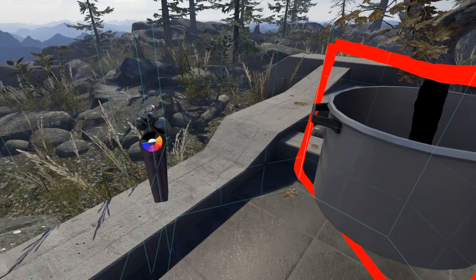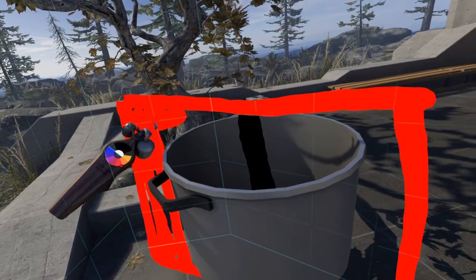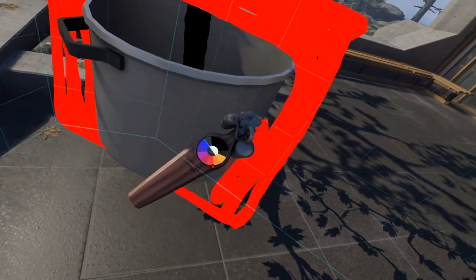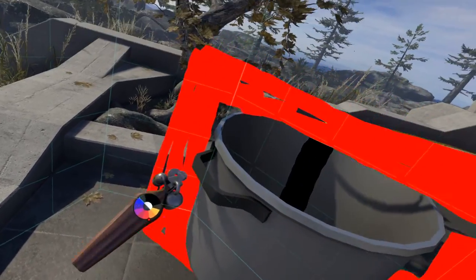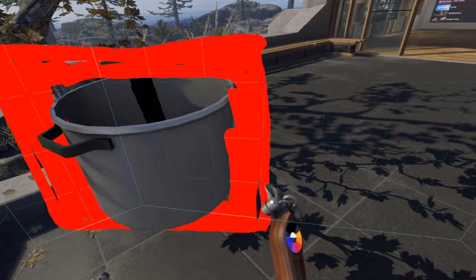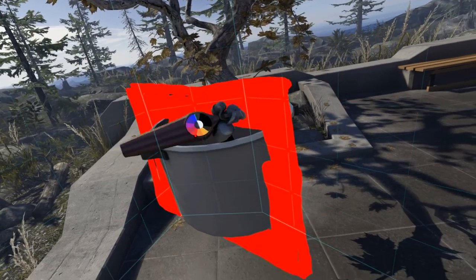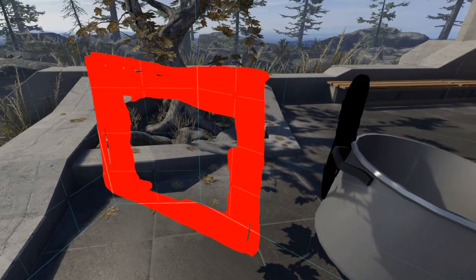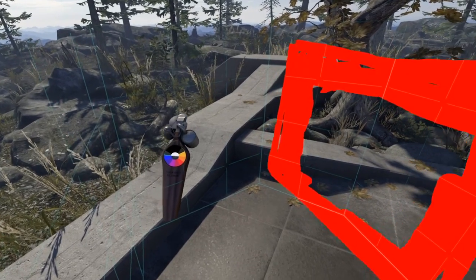Now let's fill in the plane. And what sort of shape do we have left over? Well, removing this stuff, it seems to still be a rectangle. So we can fill that in.